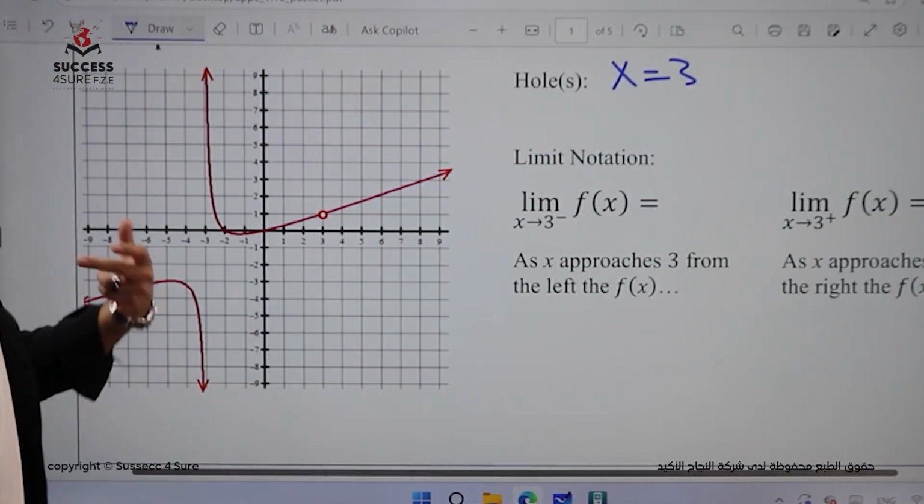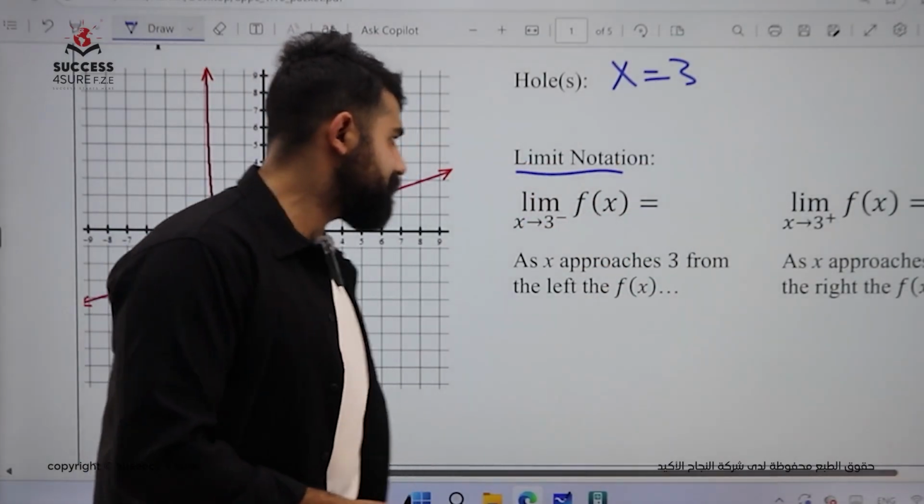Now, we have something we call limit notation for holes.